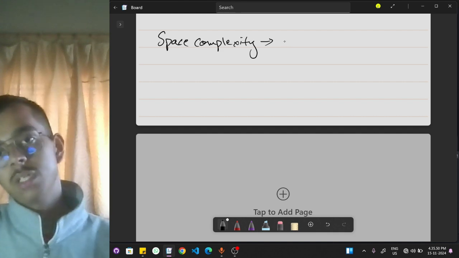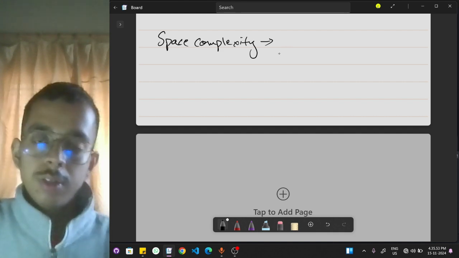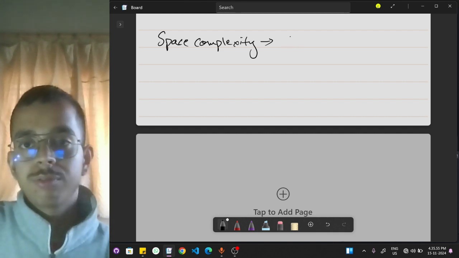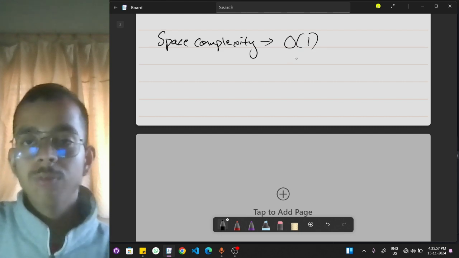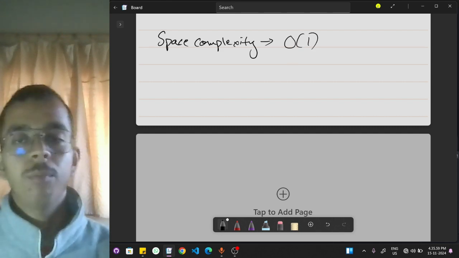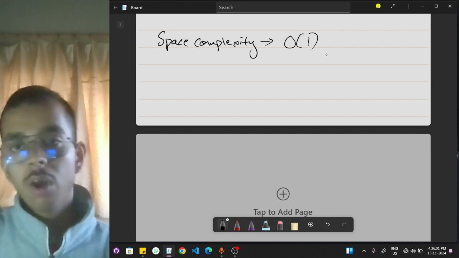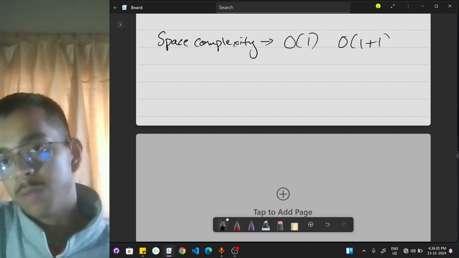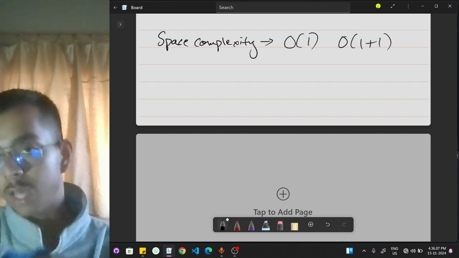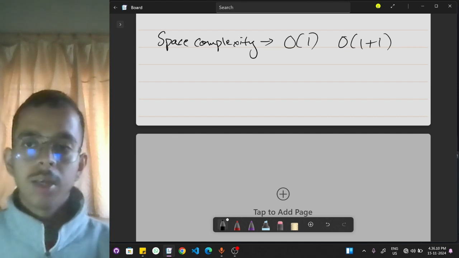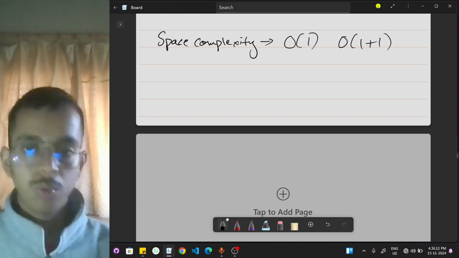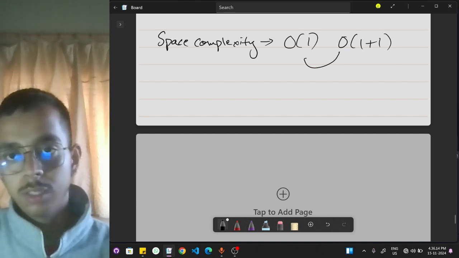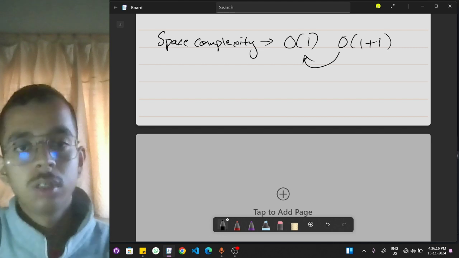So this algorithm has O of one space complexity. In a broader sense, you can say O of one plus one, the first one is for i, the second one is for j, and that rounds up to only one.